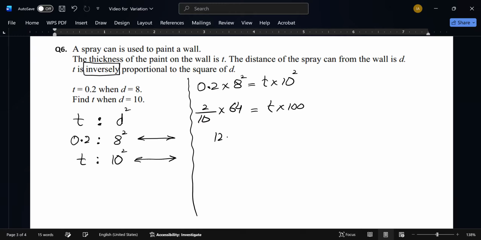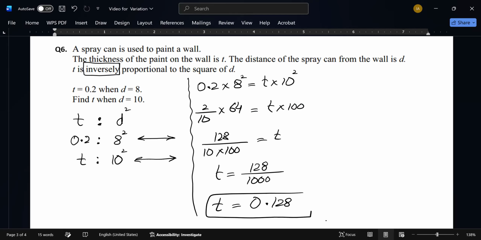It's 128 over 10 times 100. So T is going to be 128 divided by 1000, or T is going to be 0.128. This is your final thickness of the paint on the wall if you spray 10 meters away from the wall.